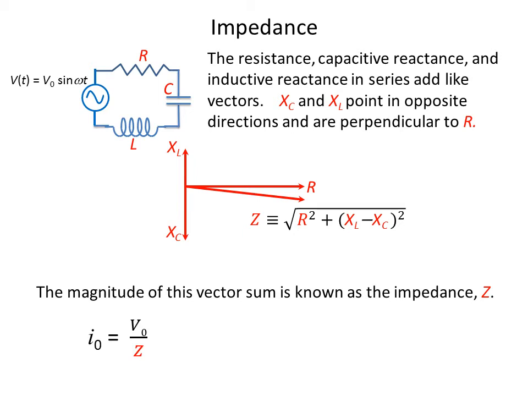So we can write in general for a circuit that we have an I_0 current amplitude that is equal to V_0 of the driving voltage divided by the impedance of the circuit Z. Similarly, the phase is equal to the tangent of X_L minus X_C divided by the resistance.